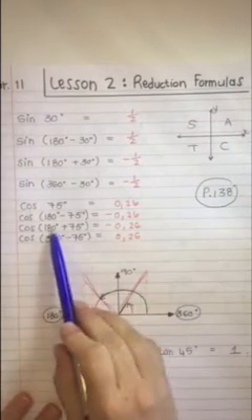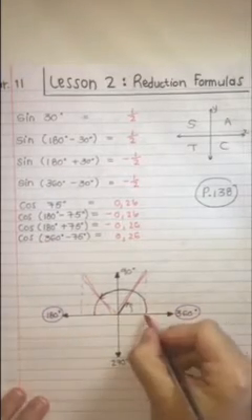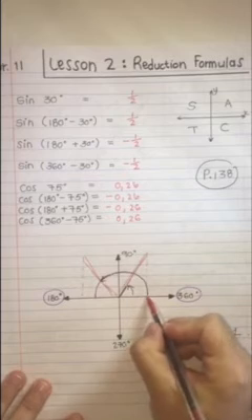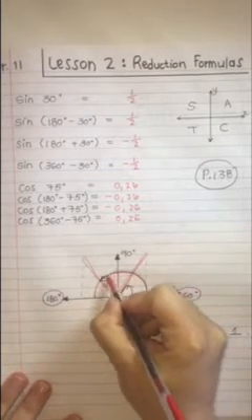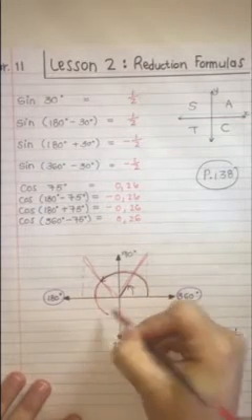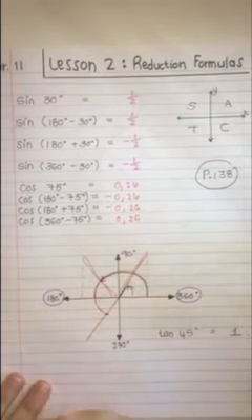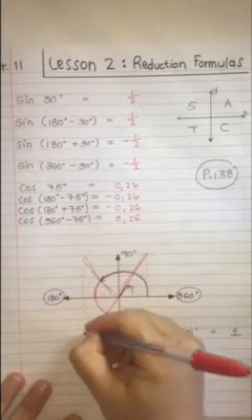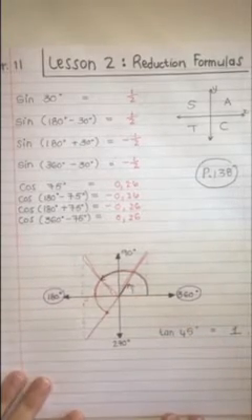Okay, then the third one, 180 degrees plus 75. Again we're going to start here, and we're going to go 180 degrees plus 75 degrees. That's going to be right about here, over there. And then there is your 90-degree triangle.